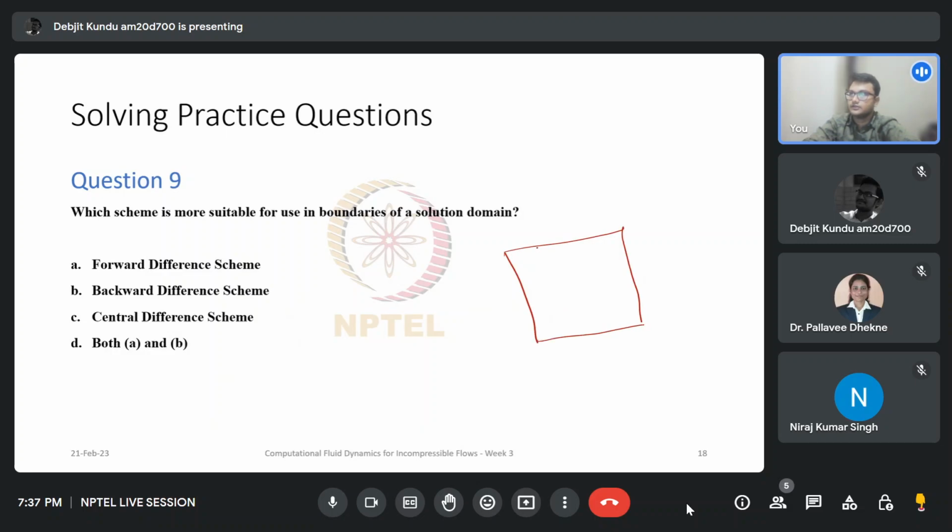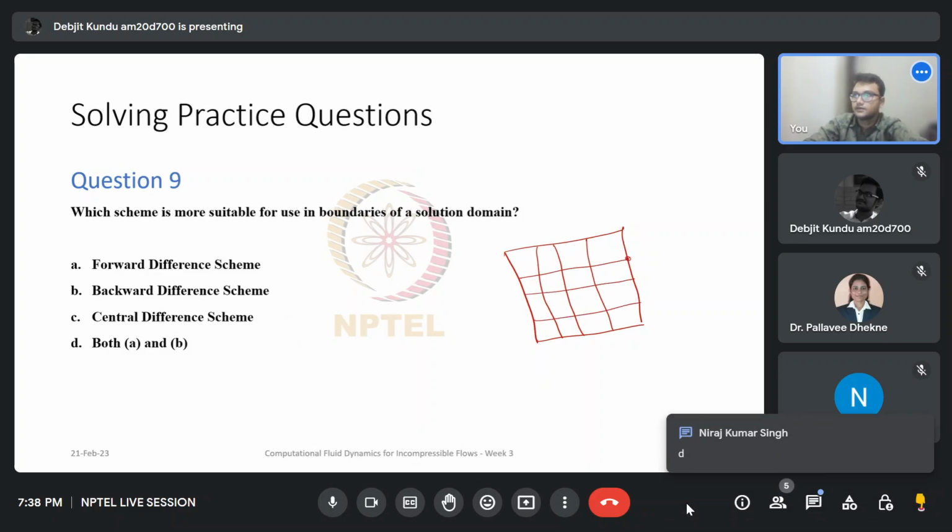So I have a solution domain like this. There are grid points at the boundary, right? The ones that I'm highlighting. Which kind of a scheme would be more suitable for them?